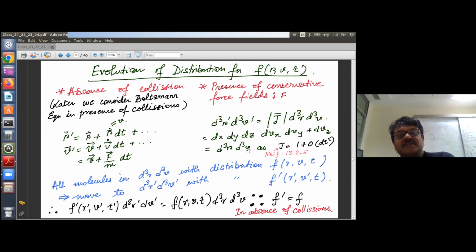Basically what we are doing here is calculating dx dv, and just multiplying it into dx into dy into dz.